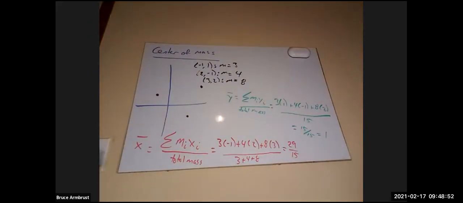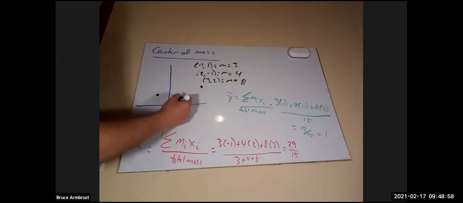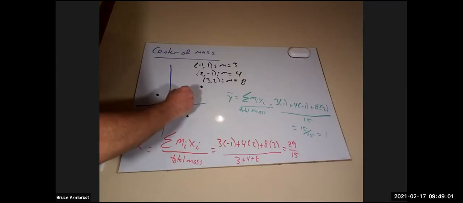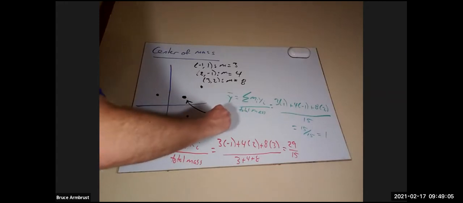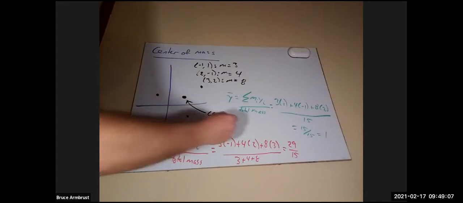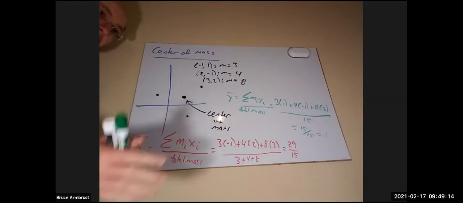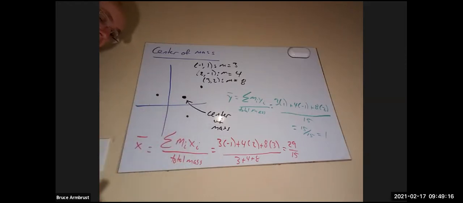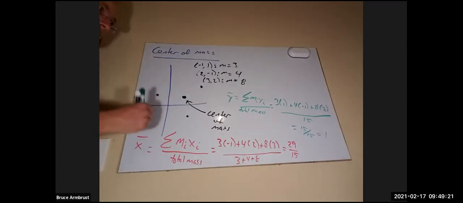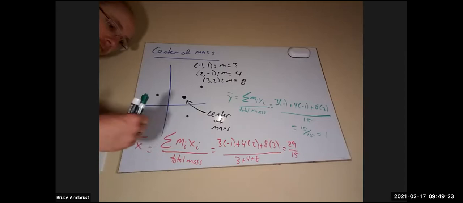All right, so that tells us then that the center of mass is at 29/15, 1, which is like right there. And so what it's really telling us is that that is the one point that sort of balances everything. You could treat that point as the location where all the mass is located.